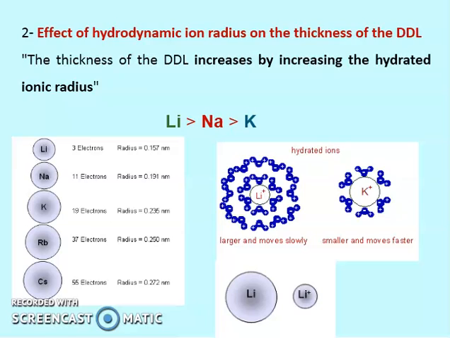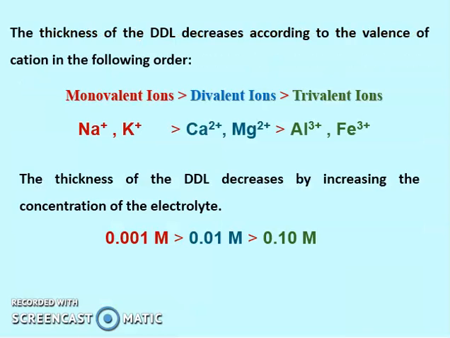So the electric double layer decreases by increasing the valence and the ion concentration, while it increases by increasing the hydrodynamic diameter.